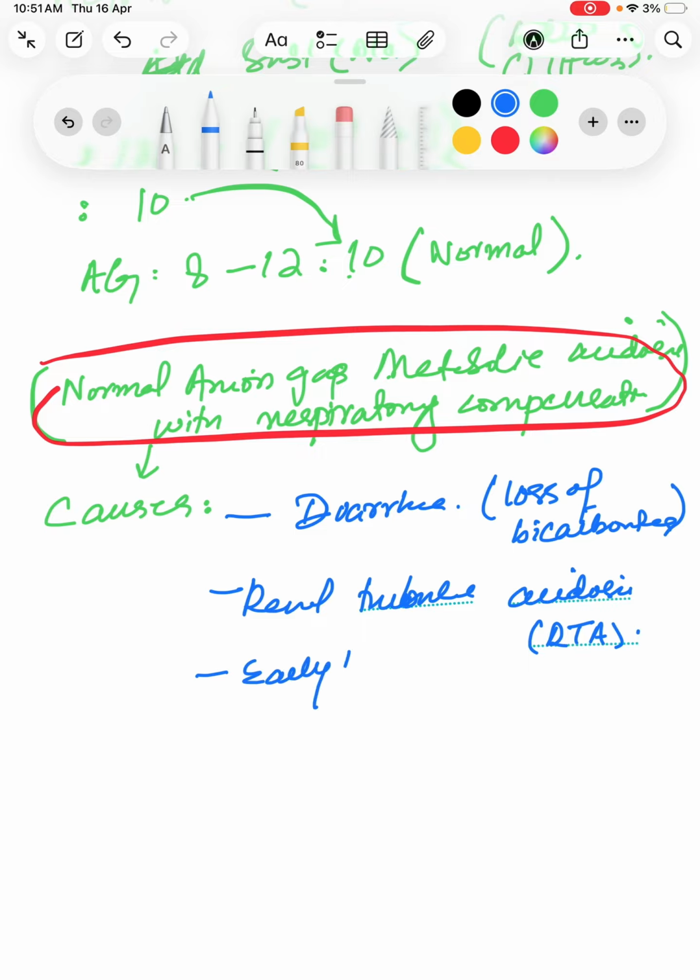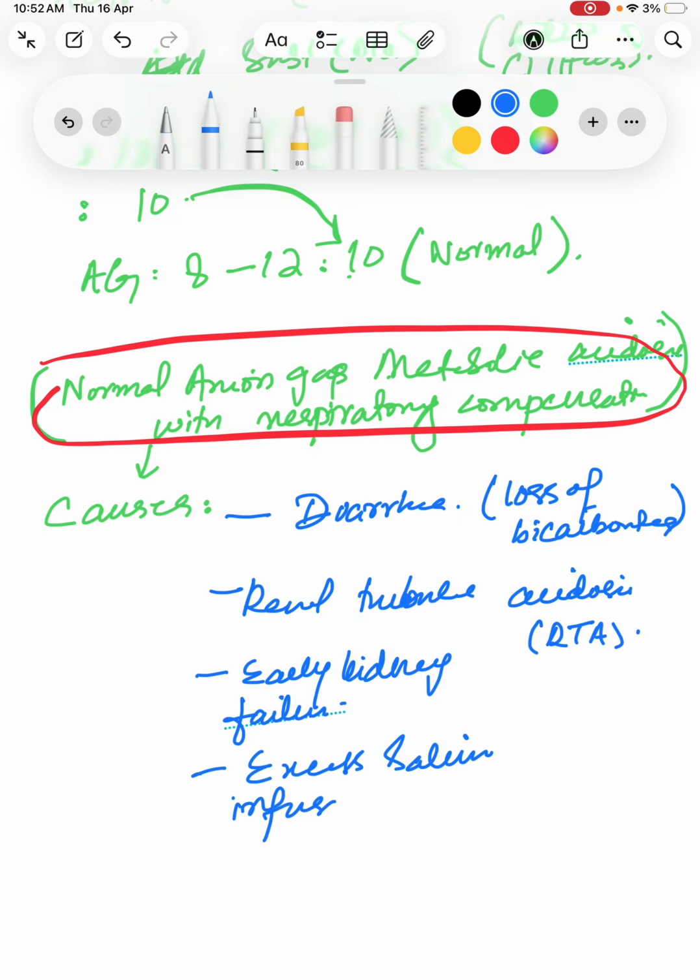Early kidney failure, or excess saline infusion. Okay, excess saline infusion, early kidney failure, renal tubular acidosis, and diarrhea. These are the causes for the normal anion gap metabolic acidosis with respiratory compensation.